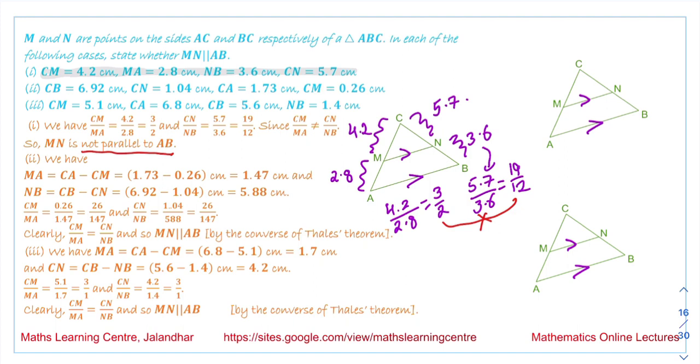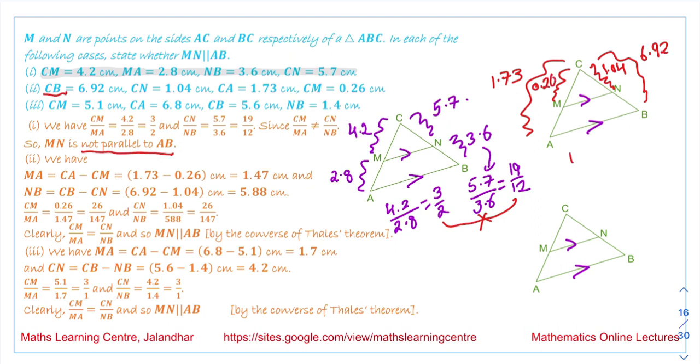In the next part it is given that CB is 6.92 centimeter, CN is 1.04 centimeter, CA is 1.73 centimeter, and CM is 0.26 centimeter.